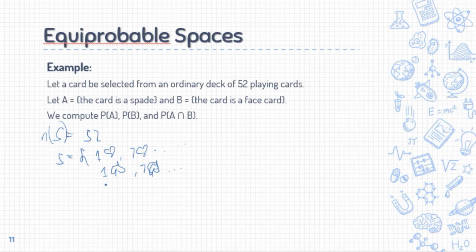And then we have here 1 of diamond, 2 of diamond, and so on. 1 of clubs, and then 2 of clubs, and so on. So, mao na siya ang inyuhang sample space. Now, we have 52. Since each of these elements has equal chances of being picked, no?